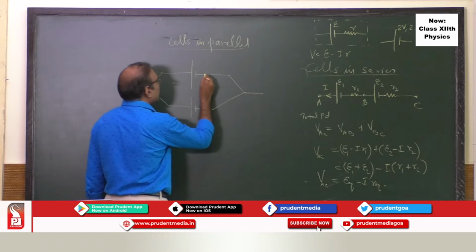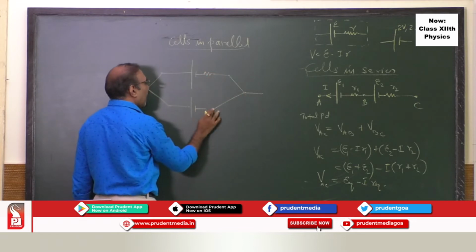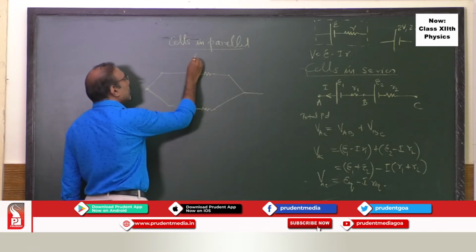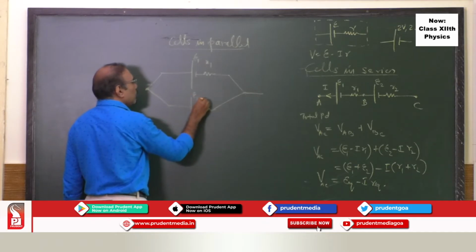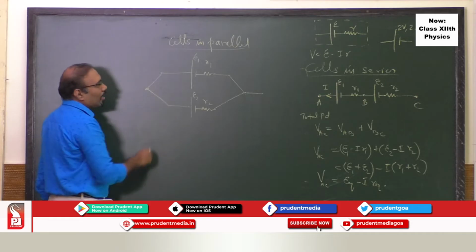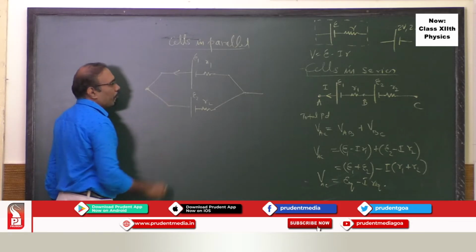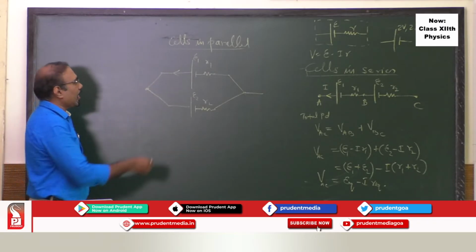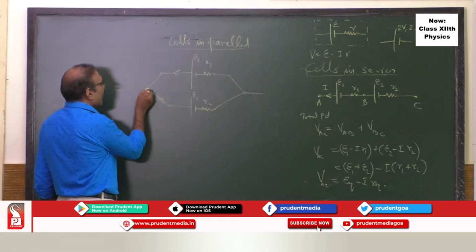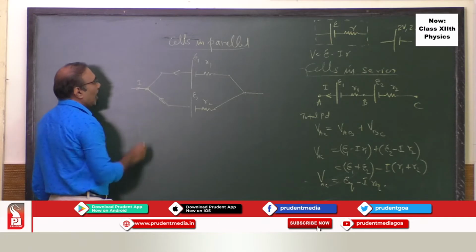This cell has internal resistance r1, and this cell has internal resistance r2. E1, r1, E2, r2. Suppose the current shown is away from the positive terminal. The current gets added in this branch, and it will be I.